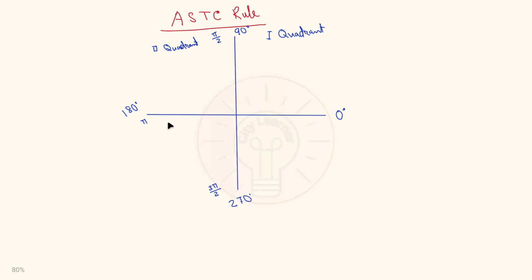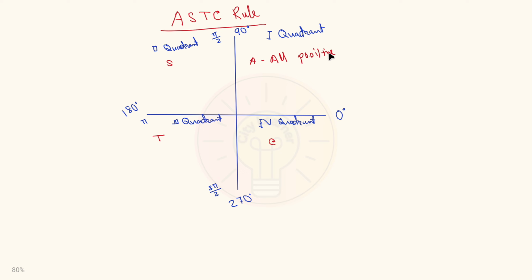There are a total of 4 quadrants, and in the ASTC rule there are 4 letters, A, S, T, C. We have to arrange them in the anti-clockwise direction. The first one is A, the second one is S, the third one is T, and the fourth one is C. S means sine, T means tan, and C means cos.